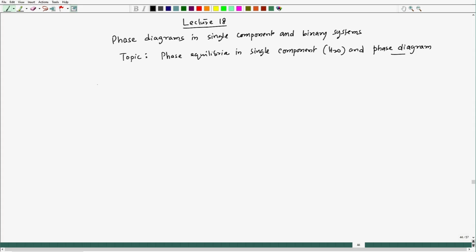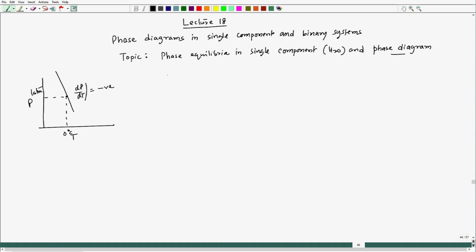We have looked at the pressure temperature plot. This is 0 degree Celsius, this is 1 atmosphere, and on this line we have drawn dP/dT, which is negative. That is what we have seen.